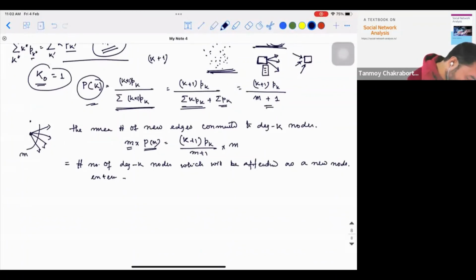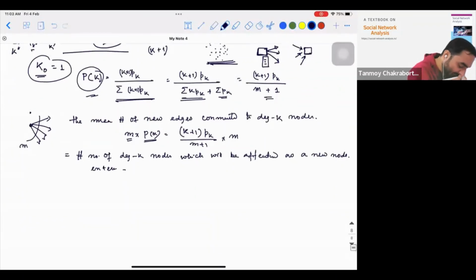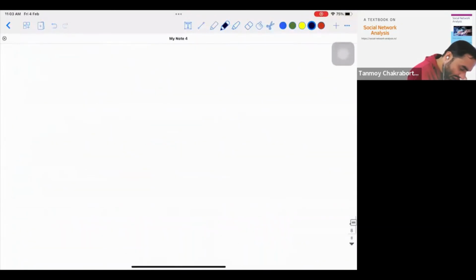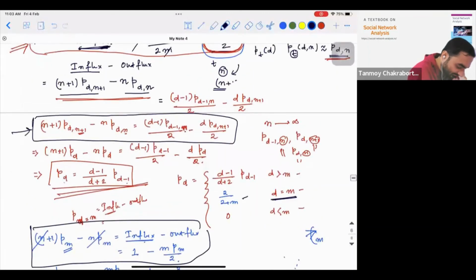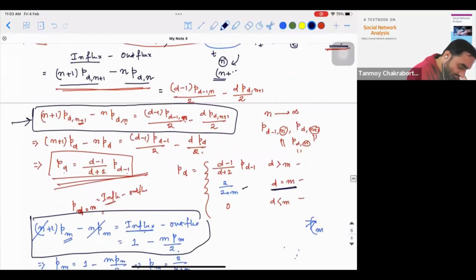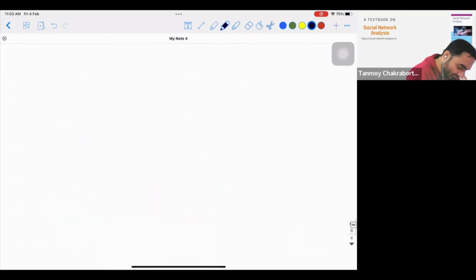Now, again, let's look at the influx minus outflux. Okay. We have already seen (n+1)p of... look at here, right? I'm just copying this equation, and replacing d by k, right? The other things remain the same.